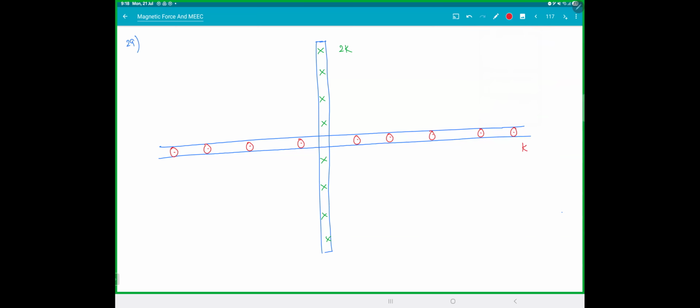So the red one's field will be this way, mu naught k by 2, mu naught k by 2. The green one's field will be this way, mu naught k, mu naught k.